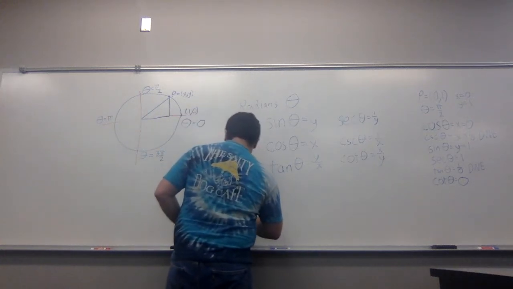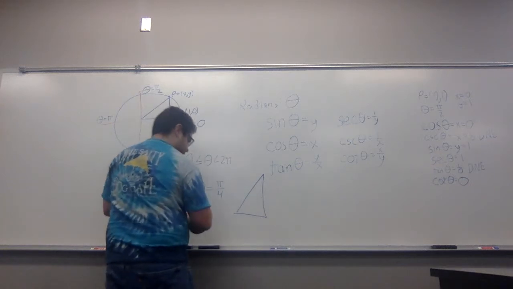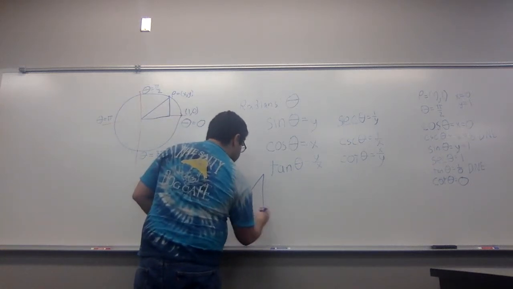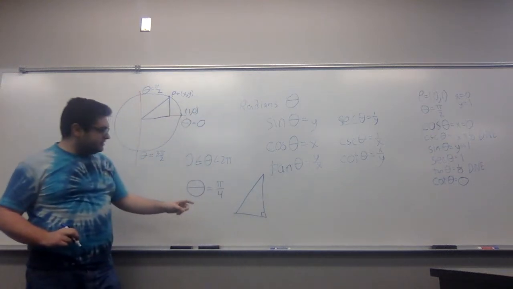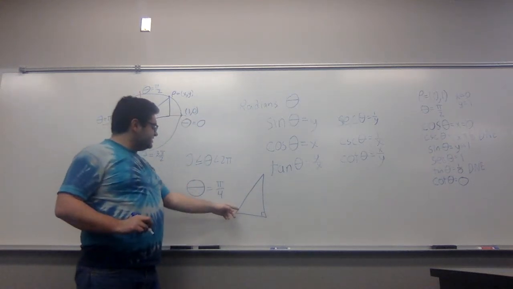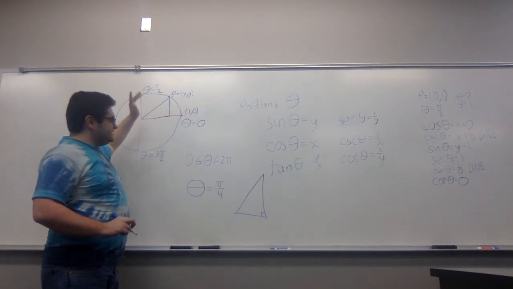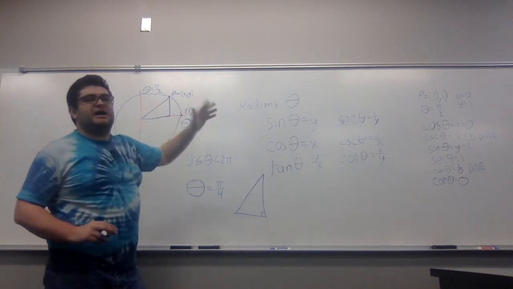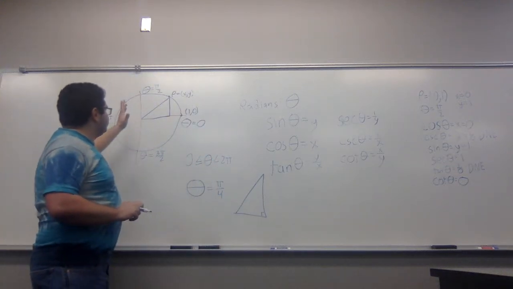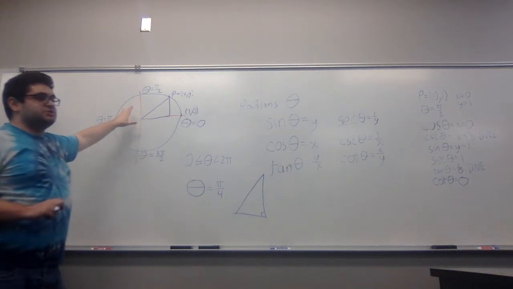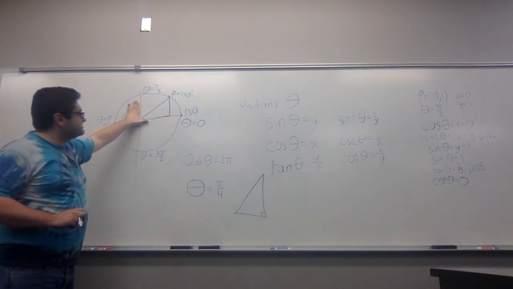Then I'll just put the triangle over here. And now this triangle will be a right triangle, not drawn to scale here, but since we know that pi over 4 is about half of pi over 2, actually, it is half of pi over 2. And now the angle of pi over 2, what do you guys think that angle is right here?